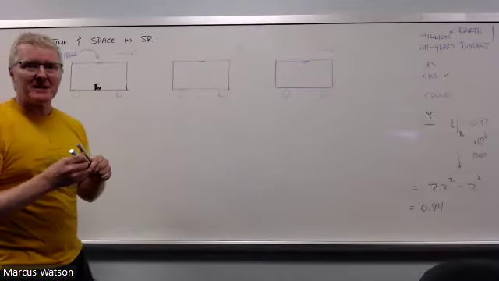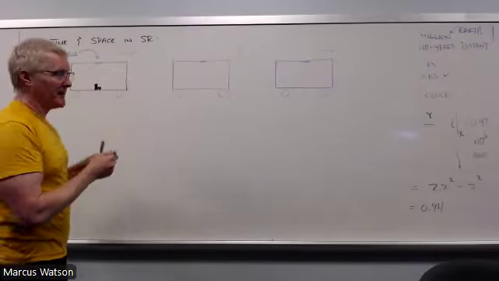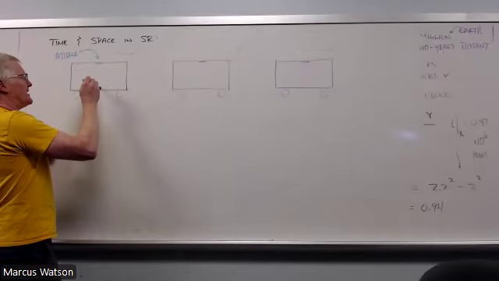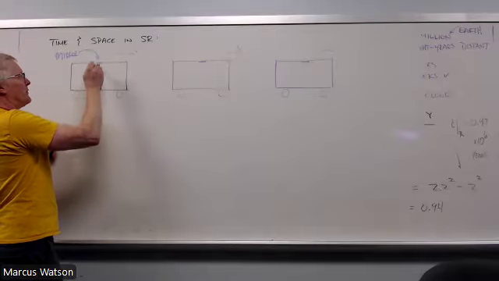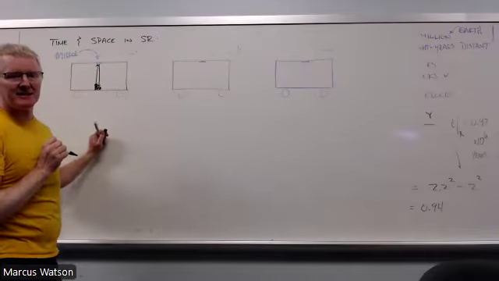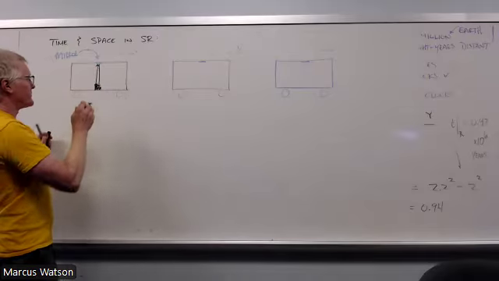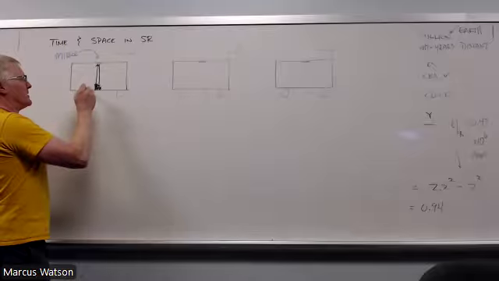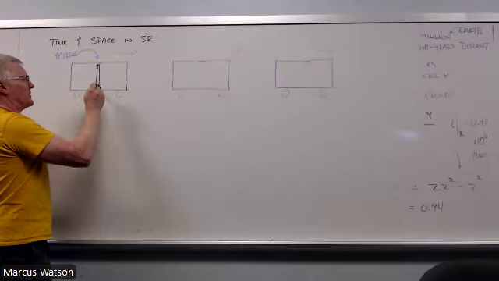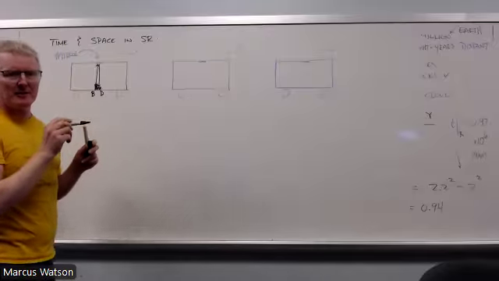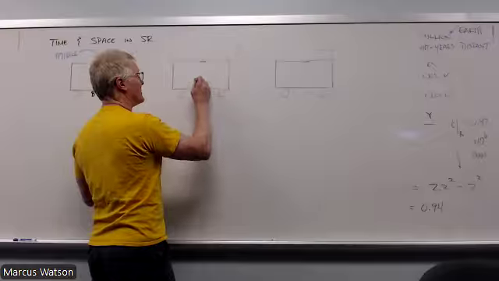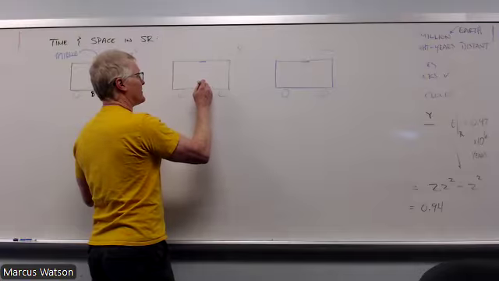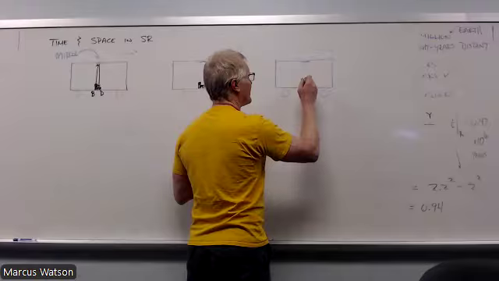One of them is an emitter and one is a detector. So the light comes out of here, hits the mirror, bounces down, and is detected by the detector. I'll call this the bulb, and I'll call this the detector. I'm going to draw that on each side of the train car here. The bulb is the taller one, and the detector is the smaller one.